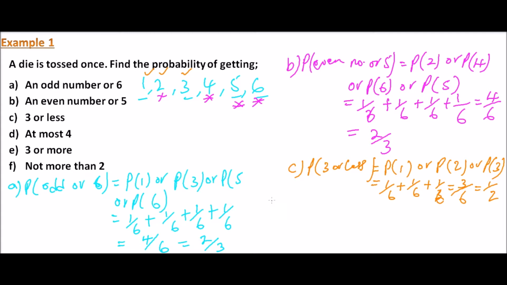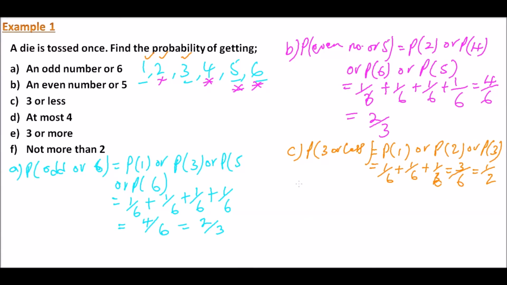So part D, we are told at most 4, so it means the probability of 4 and below.